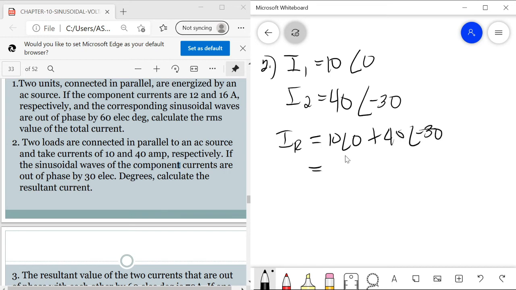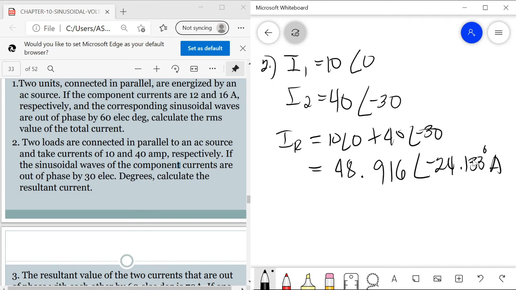That will be equal to 48.916 angle negative 24.133 degrees amperes.